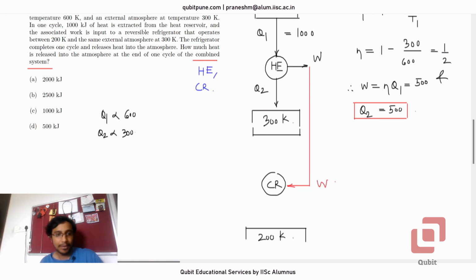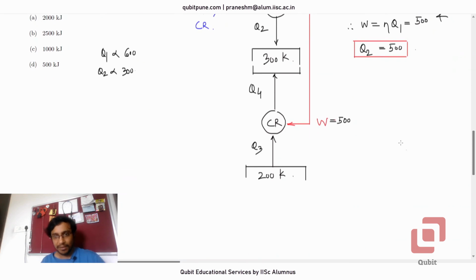Assume that Q3 is the heat extracted from the source and Q4 is the heat that is being given to the sink. So what we now want to find is the value of Q4, knowing that both W and Q2 are 500 kilojoules.